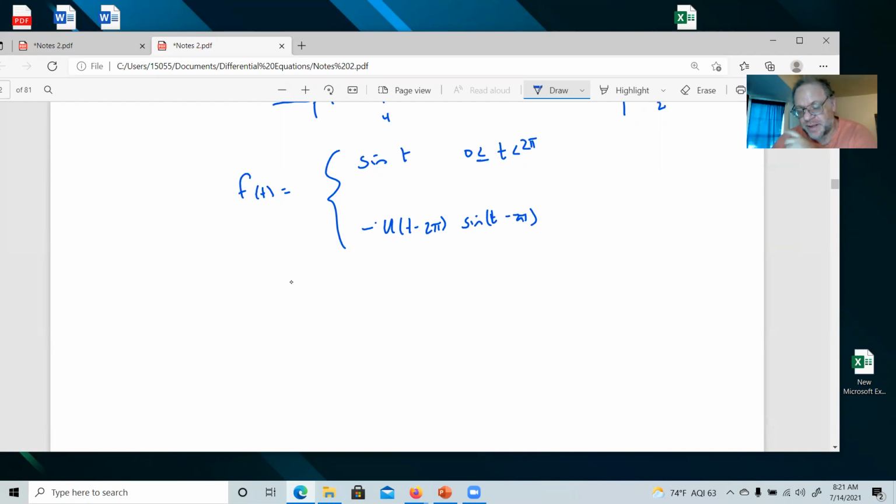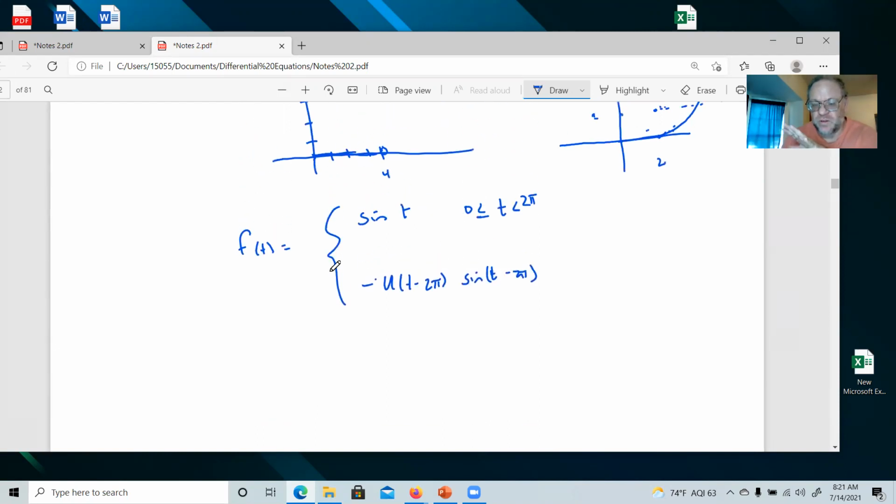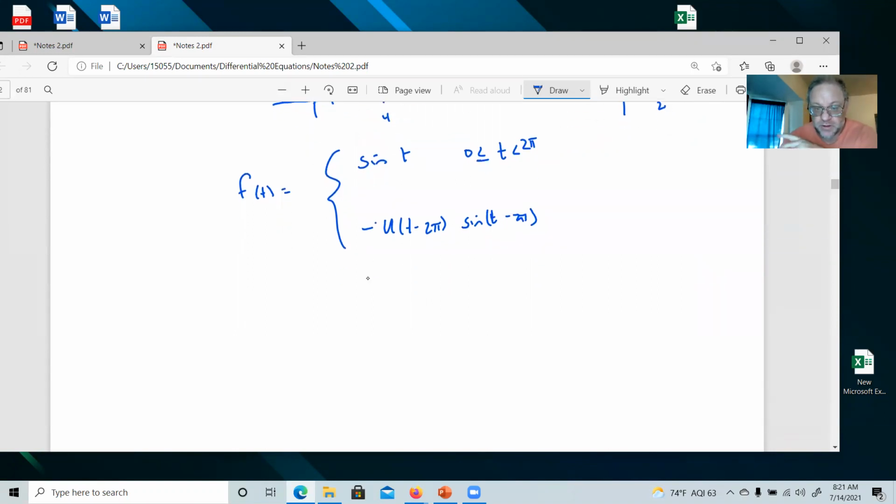Technically, you don't need this because sine is a repeating function, but just to keep things looking like something you're going to do, I want to keep the arguments the same. It's a lot easier for Laplace transforms when these arguments are the same. If they're not the same, you have to force the issue. We'll show you how to do that in a minute.